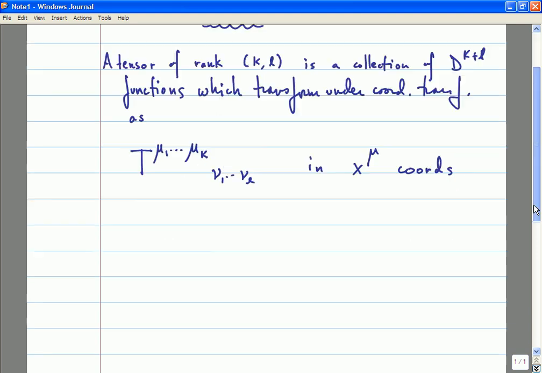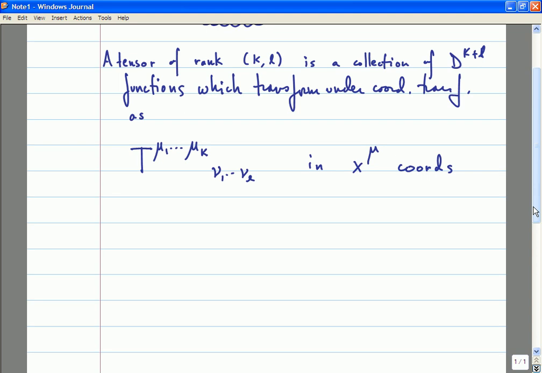Then that would be related to the form of the tensor in primed coordinates as follows.